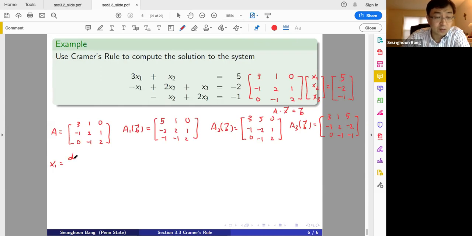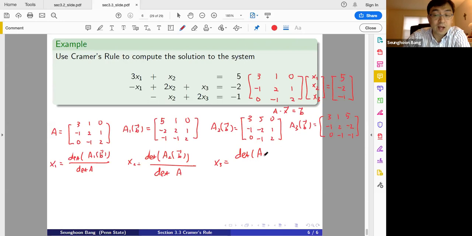Next, x1 is the determinant of A1B over the determinant of A. You can calculate the determinant of A1B and the determinant of A. x2 is the determinant of A2B over the determinant of A. x3 is the determinant of A3B over the determinant of A. So we can calculate these values.